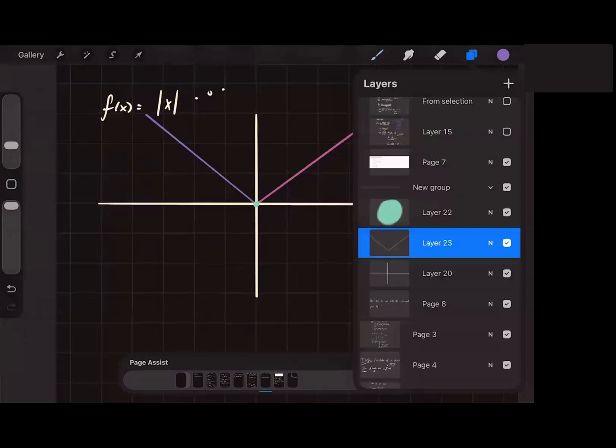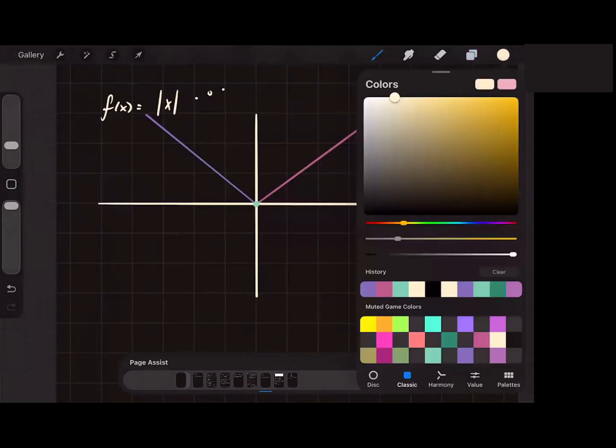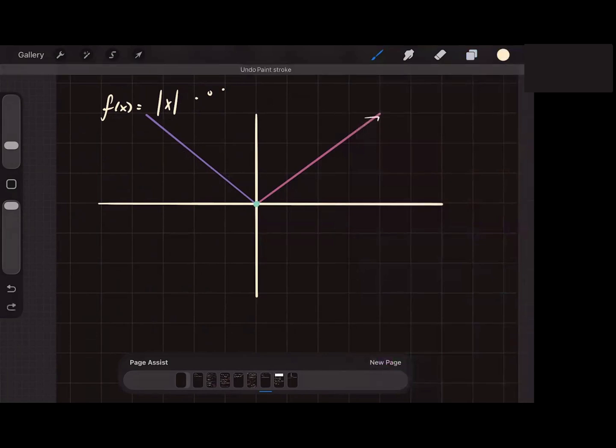So if we take the limit of this function heading towards 0, this side behaves like a linear function, so does this. The interesting point is right here.